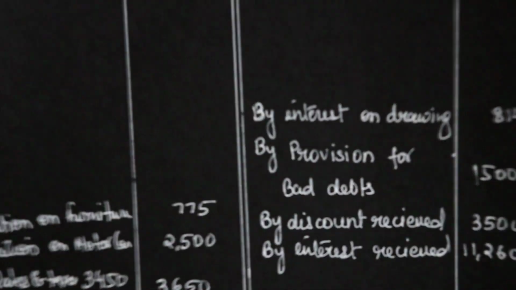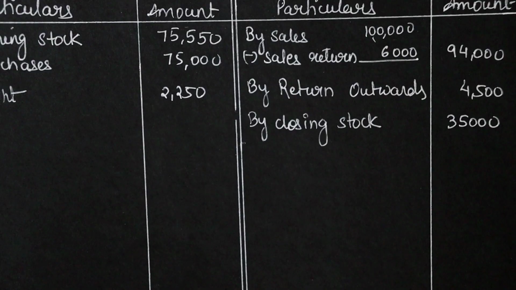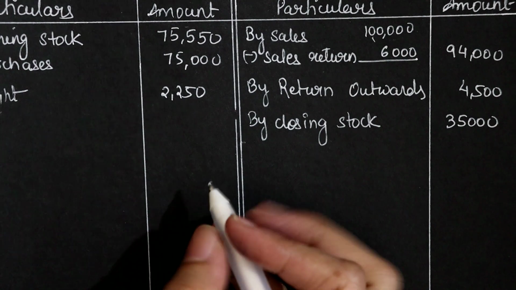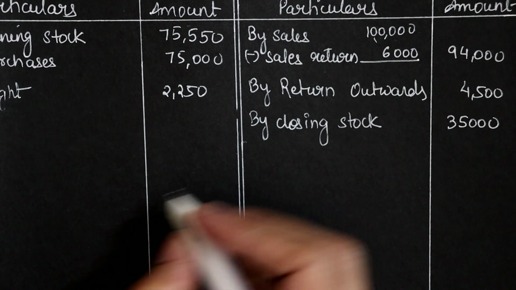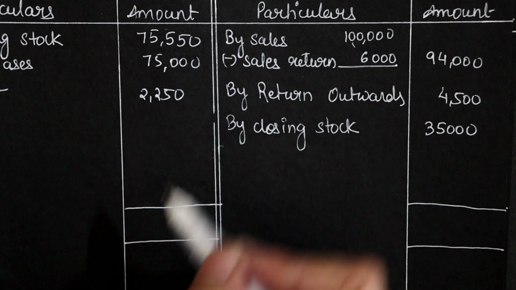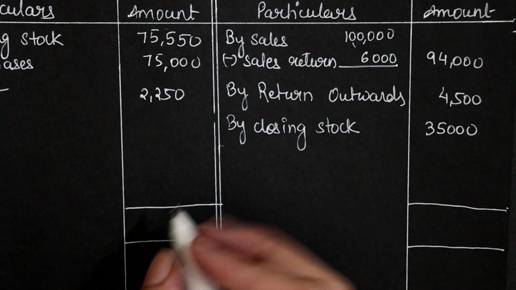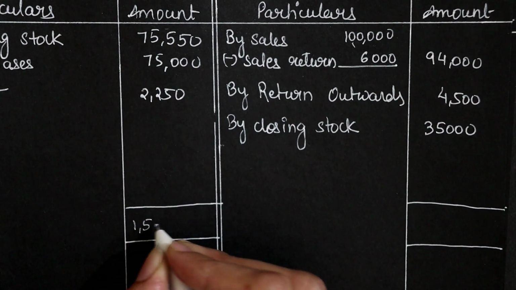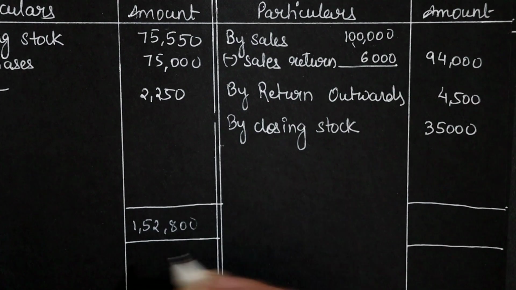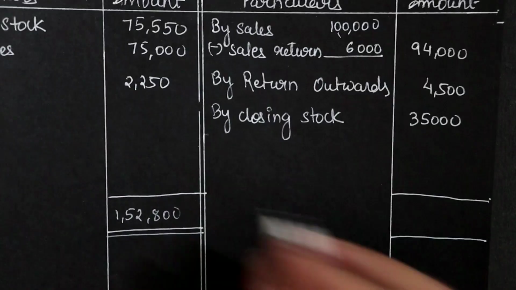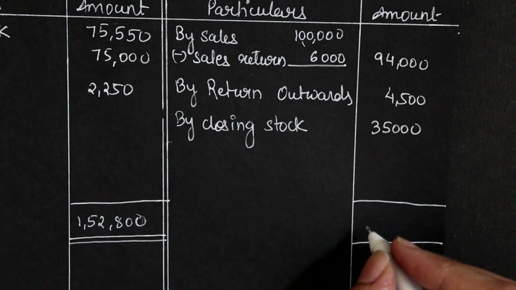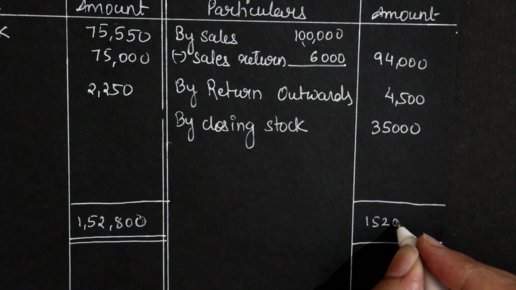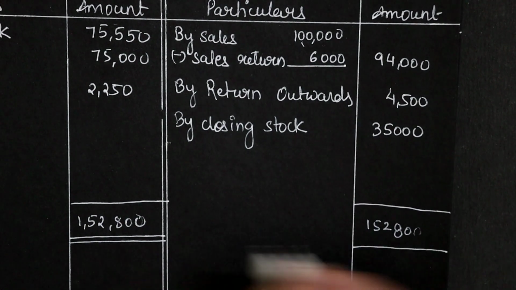Now the last step is to balance the accounts. The total of the debit side of the trading account is 1,52,800. Since the total of the debit side is more than the total of the credit side, we will close the trading account with the balance that is higher than the other.